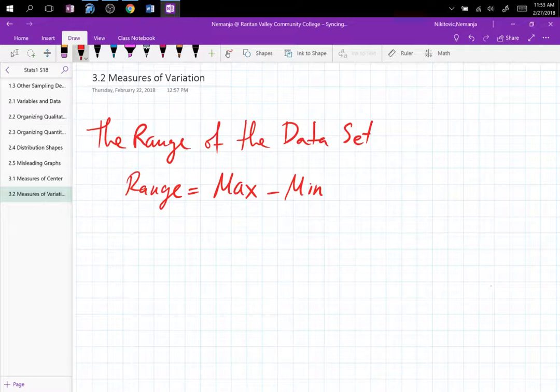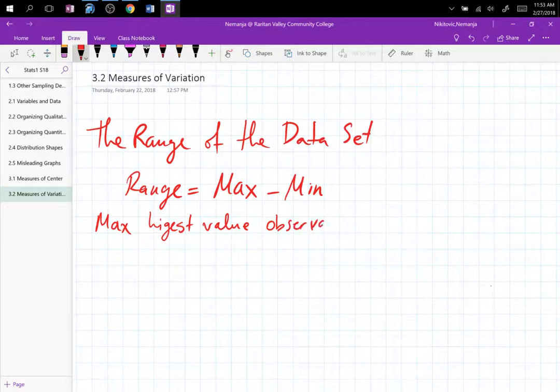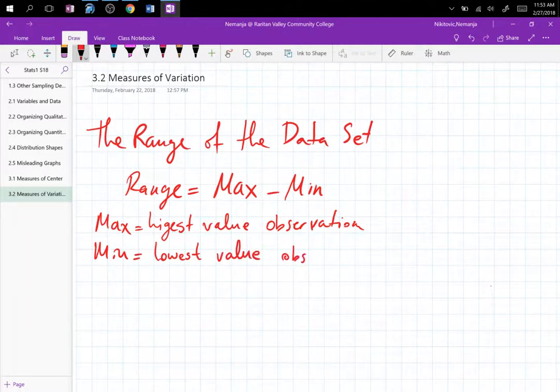Max is the highest value observation, and min is the lowest, smallest value observation.